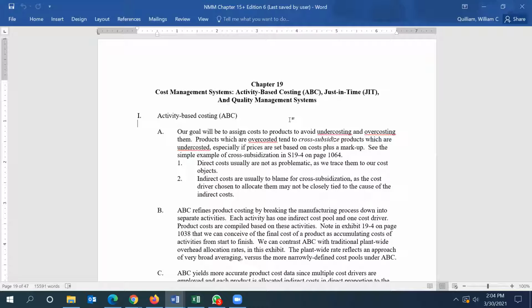And that's a good thing. It also means that we can have a unique cost driver for that activity. That's good too. So it more closely refines overhead allocation to match actual resource consumption. So that's what happens in ABC in a nutshell.